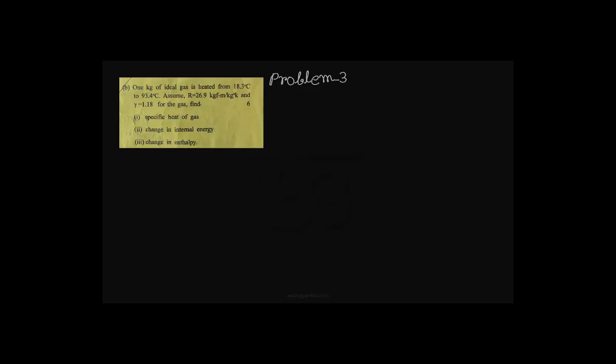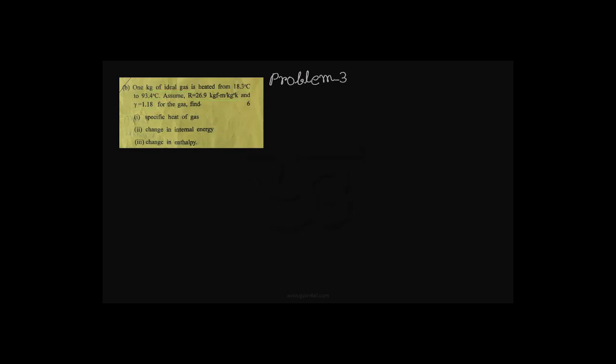Now problem number 3. Let us study the problem. 1 kg of ideal gas is heated from 18.3 degrees centigrade to 93.4 degrees centigrade. Assume R is equal to 26.9 kg force meter per kg per Kelvin and gamma equal to 1.18 for the gas.